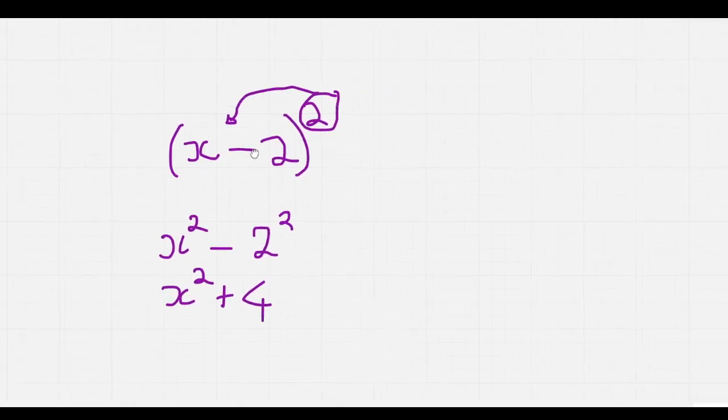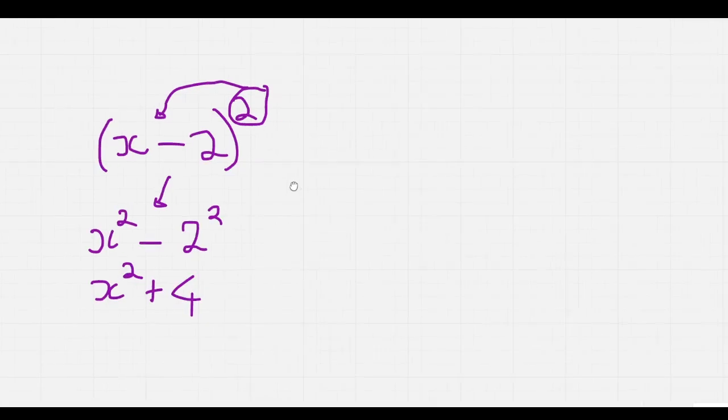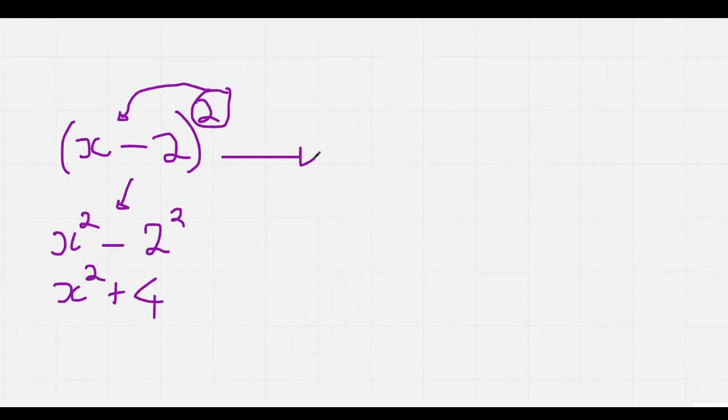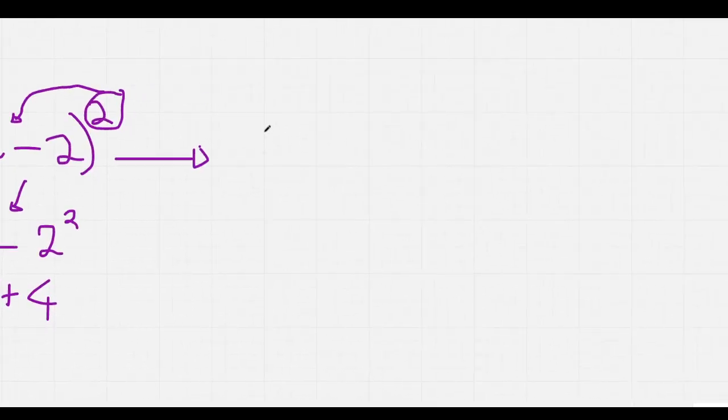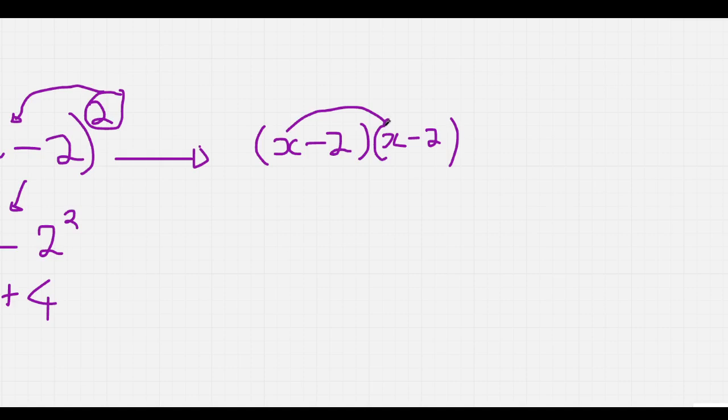But if we take the longer route, which we know is going to be accurate, I instead write this out as x minus 2 times x minus 2. Now I have x times x, which becomes x squared. I then have x times minus 2, which becomes minus 2x. Then minus 2 times x, which becomes minus 2x.